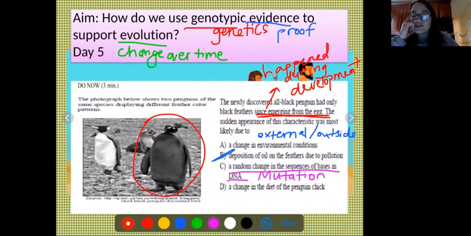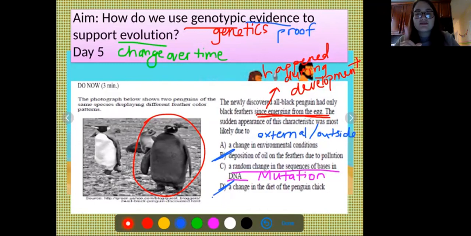And D, a change in the diet of the penguin chick. This is talking about if the penguin was eating fish one day and then decided he had a change of heart and switched over to shrimp, and maybe when he started eating shrimp, his feathers turned black. Is that something that can happen before the penguin is born? No. A change in diet is also something that would happen after the penguin's born.